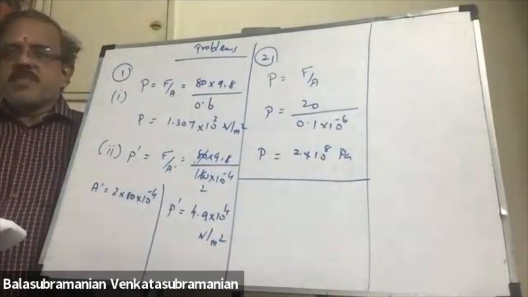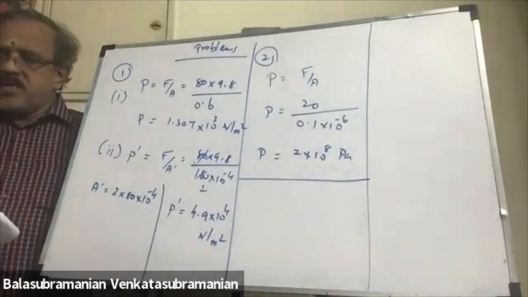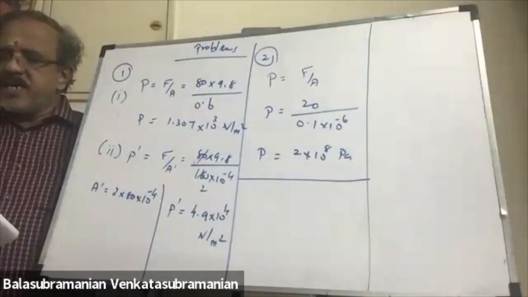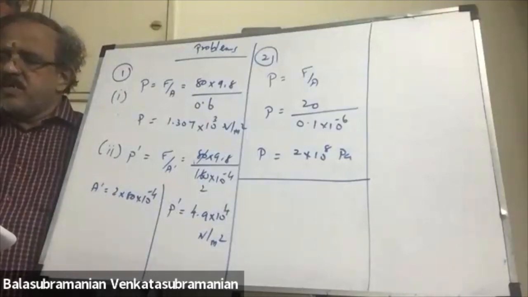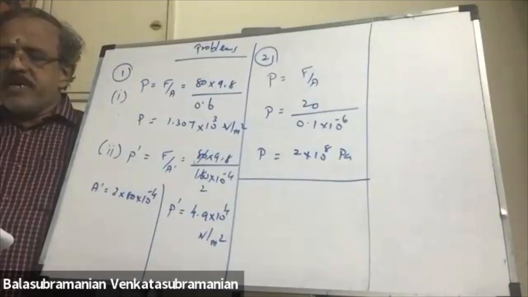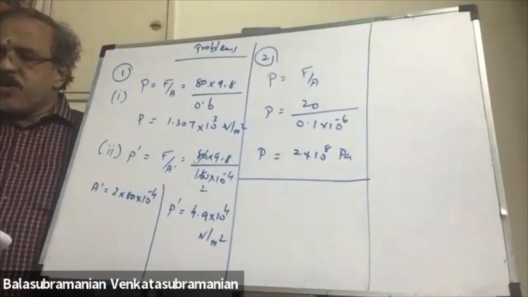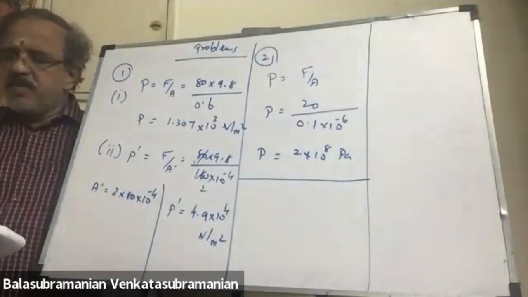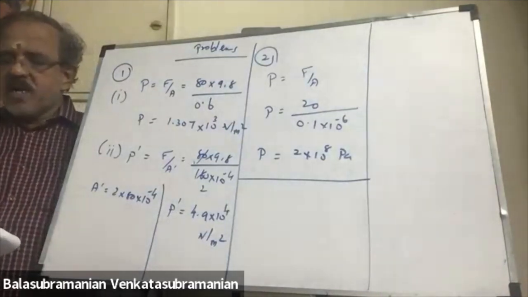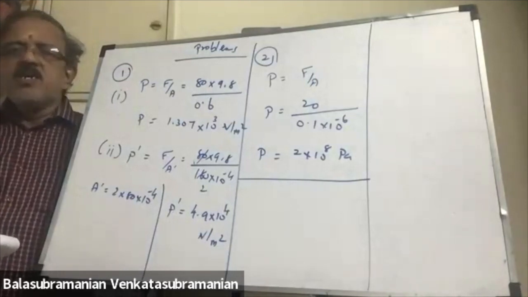Third one. An automobile is lifted by a hydraulic jack that consists of 2 pistons. The large piston is 1 meter in diameter and the small piston is 10 centimeter in diameter. If W is the weight of the car, how much smaller force is needed on the small piston to lift the car?